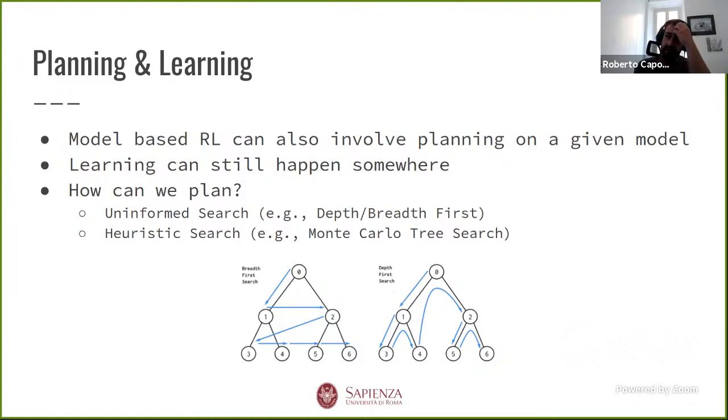The other thing that can happen is that you are given a model and still you perform some reinforcement learning internally to the model, and in conjunction with some planning algorithm. So, for example, what we just described for DynaQ would be this case if we removed the update to the model at every step. We assume the model is given.